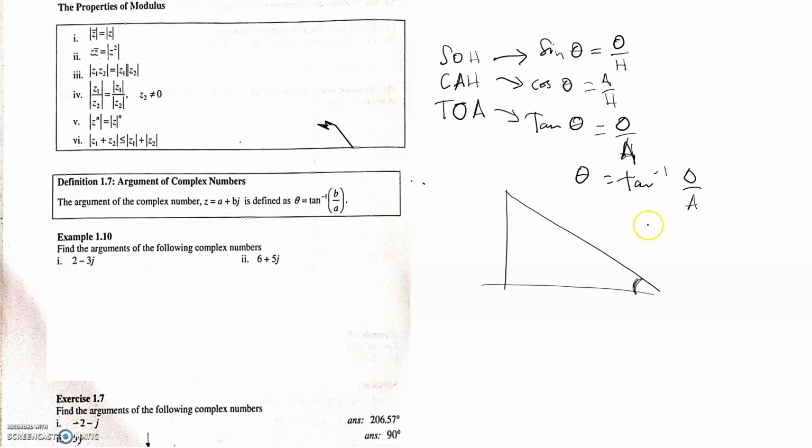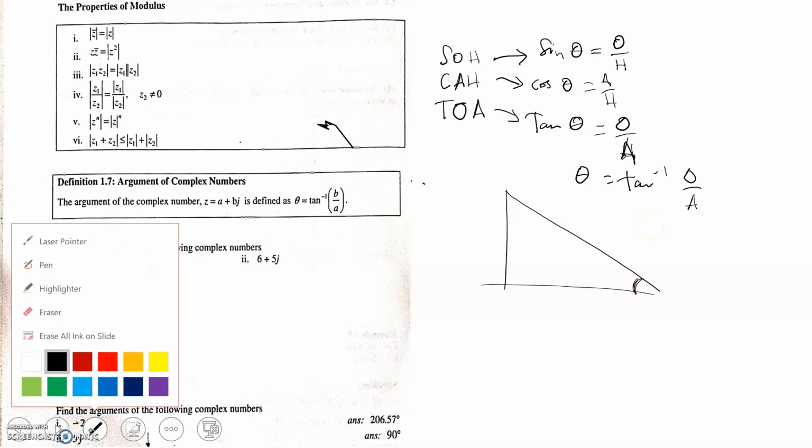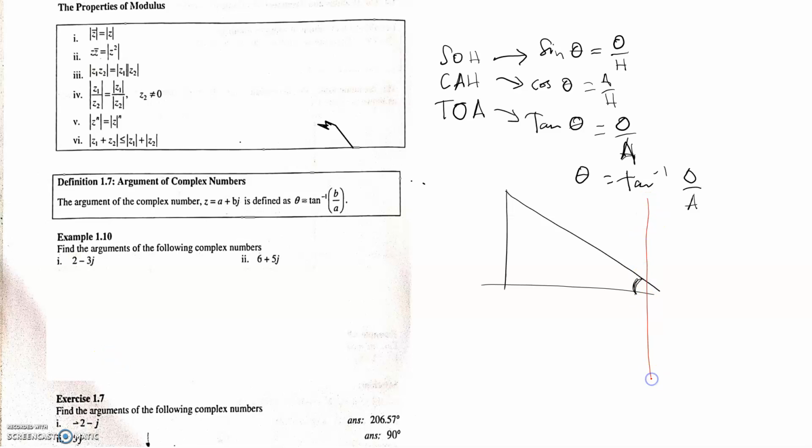If I were to draw a graph, in a complex number we will always know what A and B are. A is represented by the x-axis, and B is represented by the y-axis. So we are always given A and B. A is where you have the value of the adjacent, which is this one.